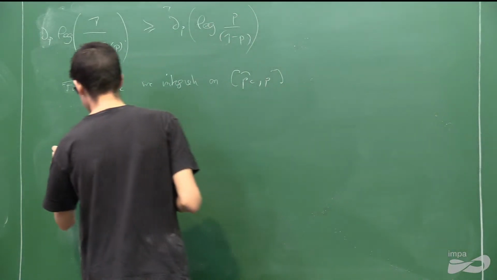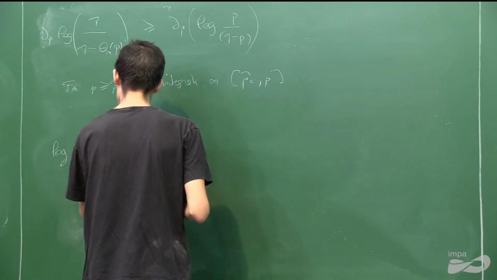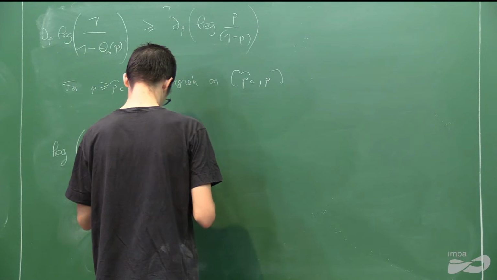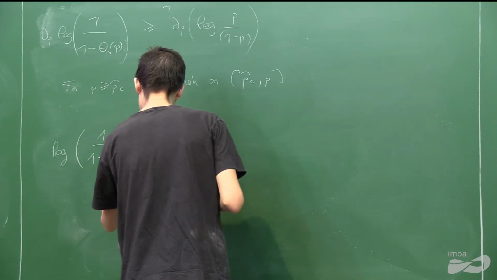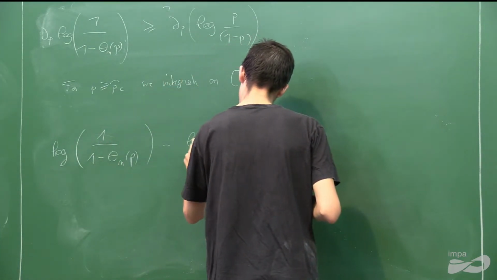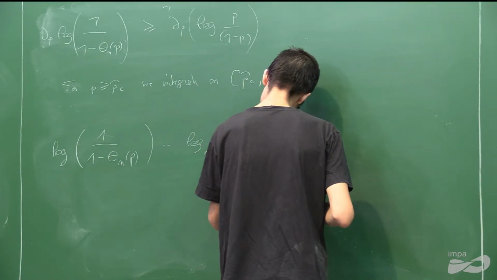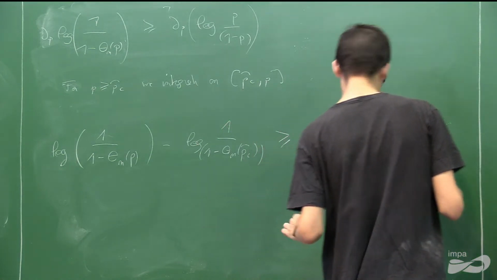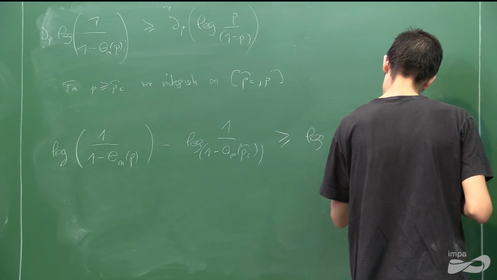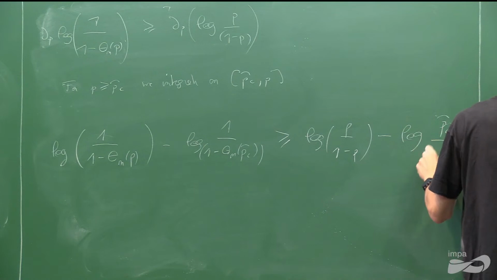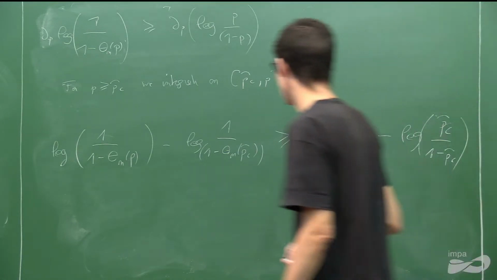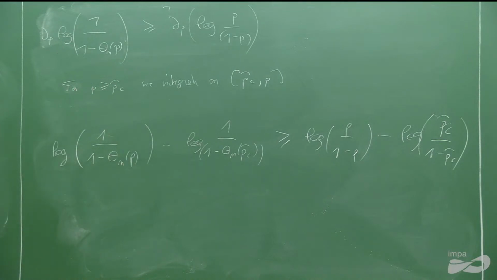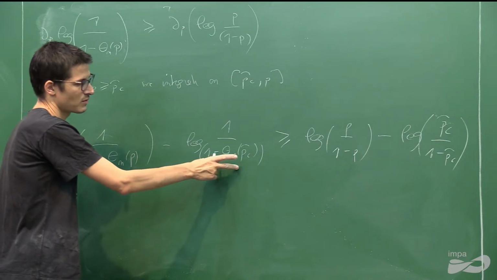And what we get is that log of 1 over 1 minus theta n p minus log of 1 over 1 minus theta n p_c is larger than log of p over 1 minus p minus log of p_c over 1 minus p_c. Now, this is smaller than 1, right?